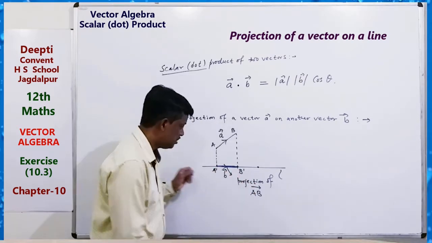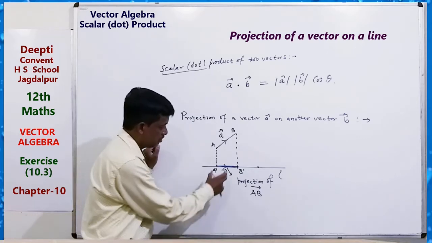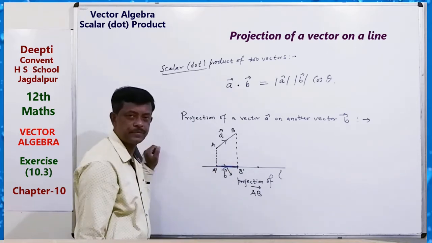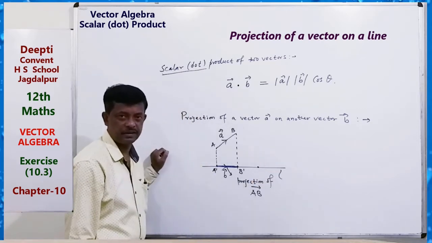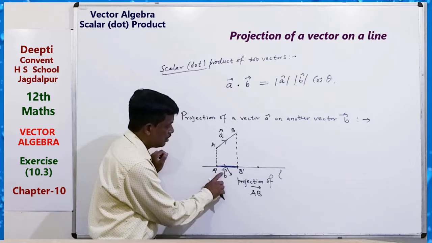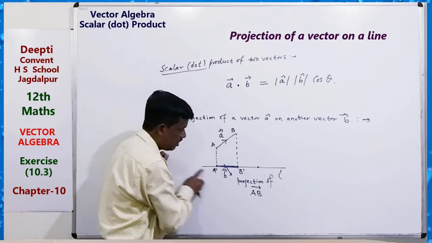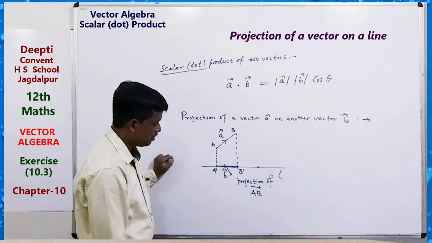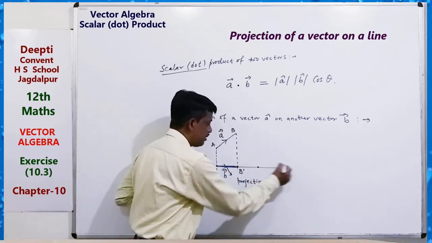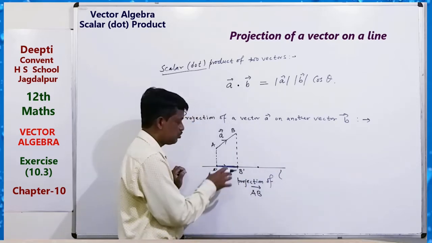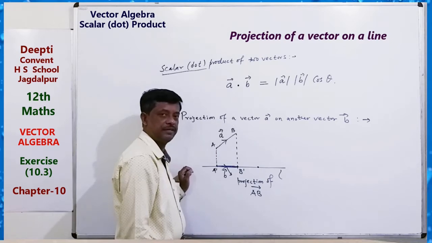So this is the projection vector, just like this. Okay, and this is completely the line. So this is the projection A dash B dash of vector A on line L.